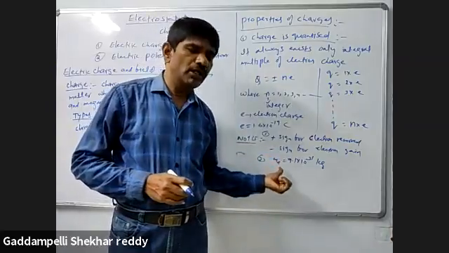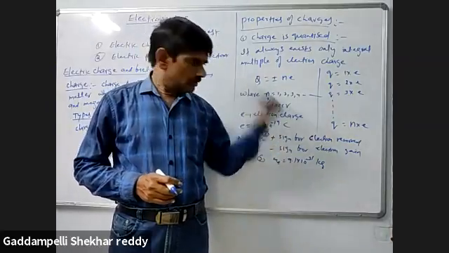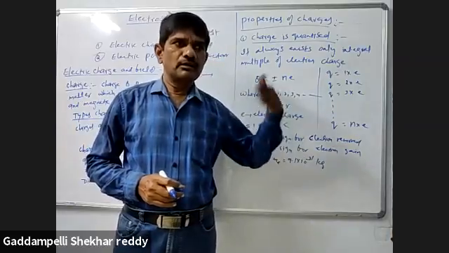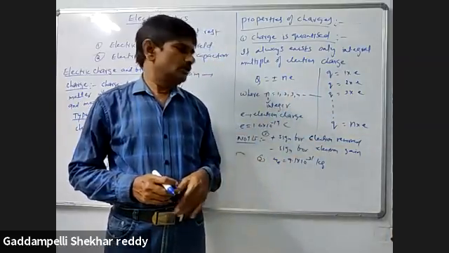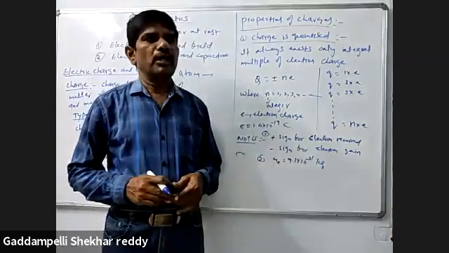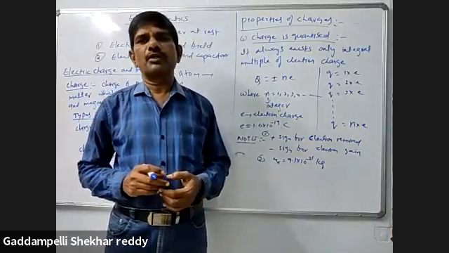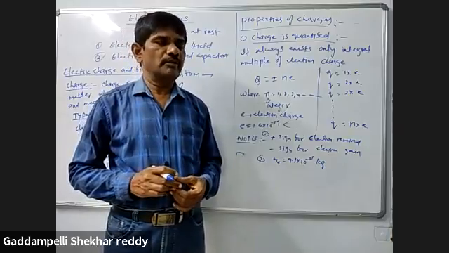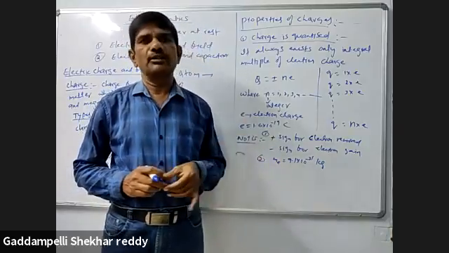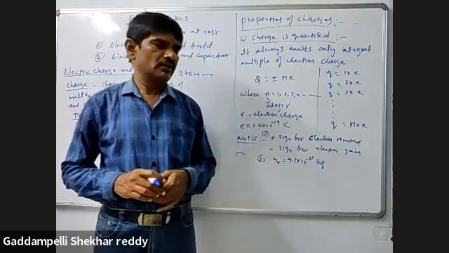That means when one body loses electrons, those electrons reach another object. So charge is always conserved. This is the law of conservation of charge. This is also one of the properties.